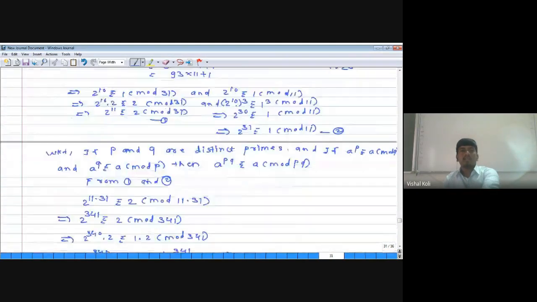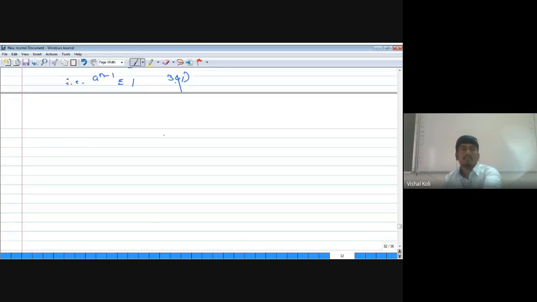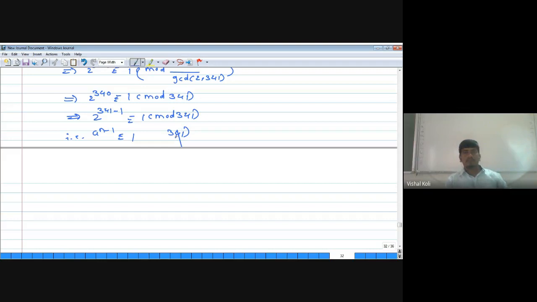But even if n is a composite number, we still get a to the power n minus 1 is congruent to 1 modulo n, where here n is 341. But 341 is not a prime number.